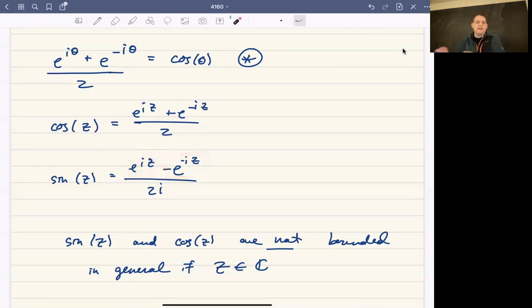And so we know that exponential terms are not bounded. They grow exponentially fast. They're unbounded functions. And so if you have imaginary parts that you're inputting into cosine and sine, then that allows cosine and sine to themselves be unbounded. So they're still bounded as functions when your inputs are reals, but in complex numbers, they're unbounded functions. So just a word of warning there.